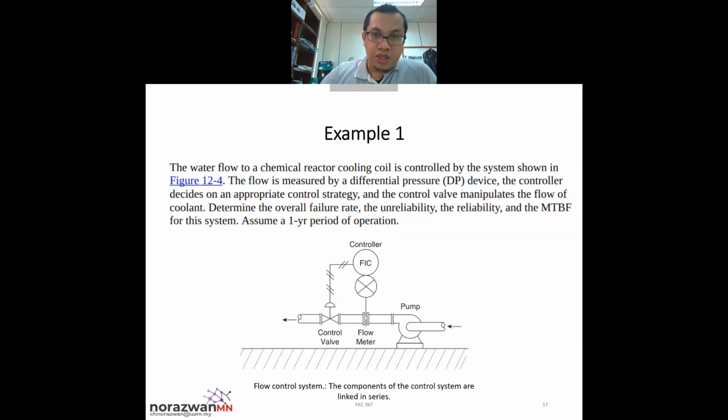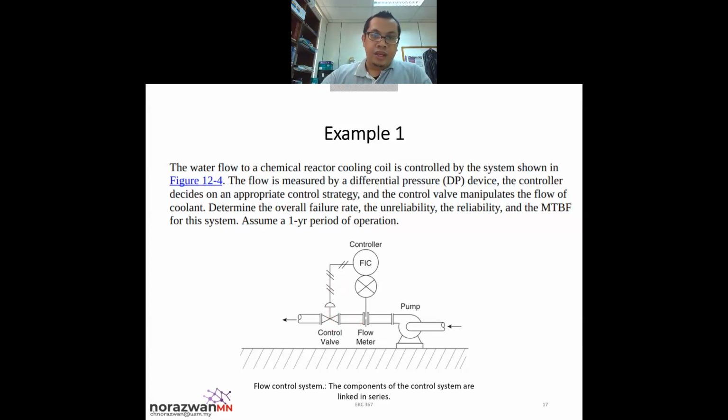The flow is measured by a differential pressure device, DP. The controller decides on appropriate control strategy, and the control valve manipulates the flow of the coolant. So this is your control valve.